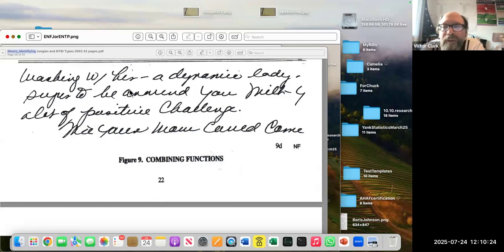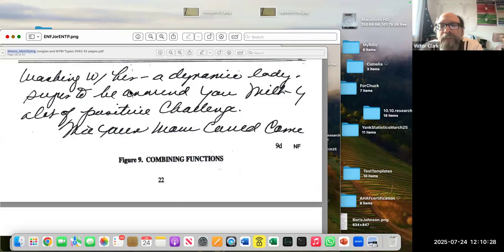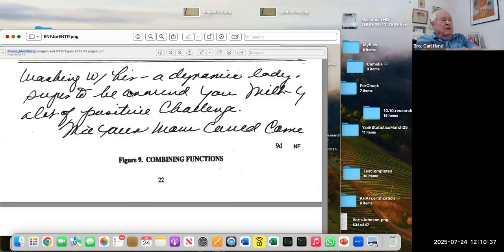A lot of right slant. So it would be right leaning. Also more sensual. A lot of color.